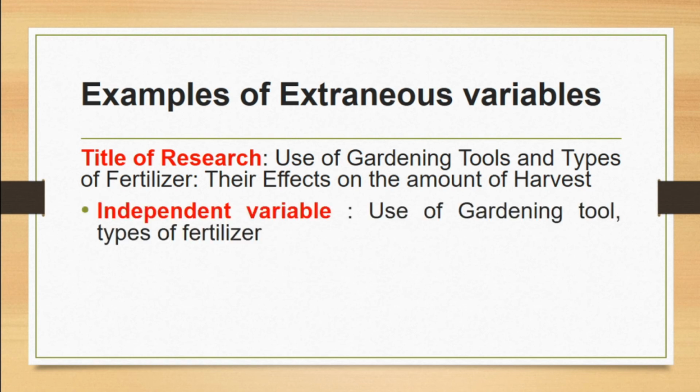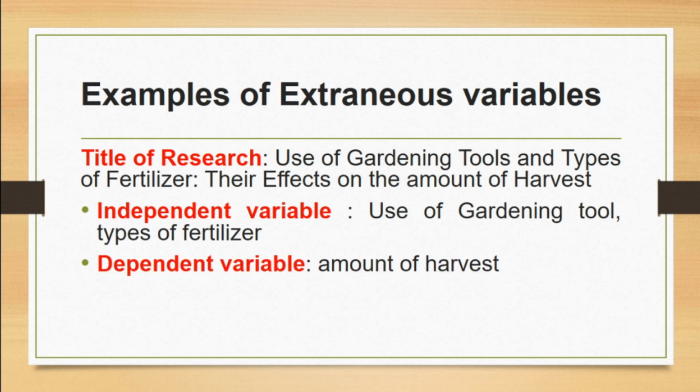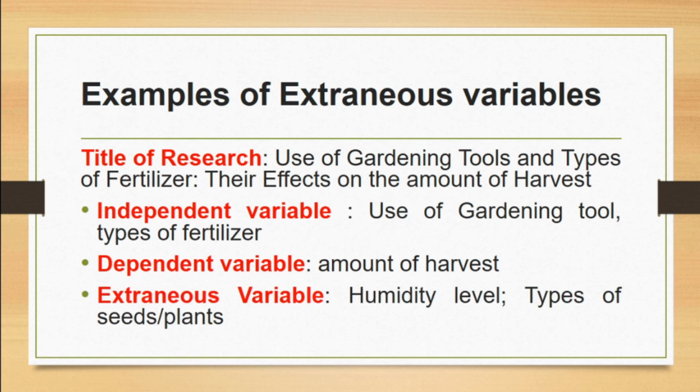The independent variables there are use of gardening tools and type of fertilizers. And the dependent variable is the amount of harvest, no? So, magdedepende ang amount ng harvest doon sa ginamit na gardening tools and the type of fertilizer. And the intervening variables there are the humidity level or types of seeds and plants. So, that is the intervening variables.